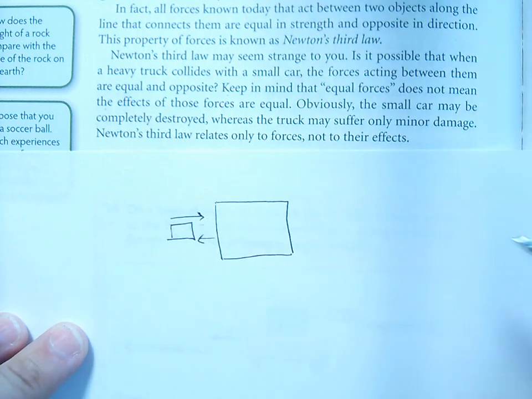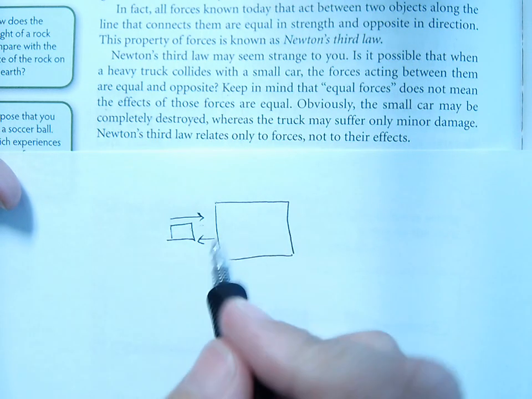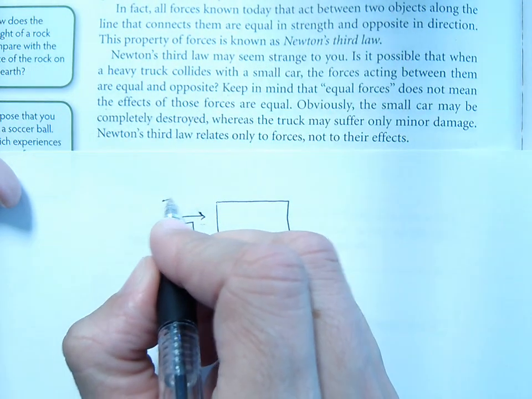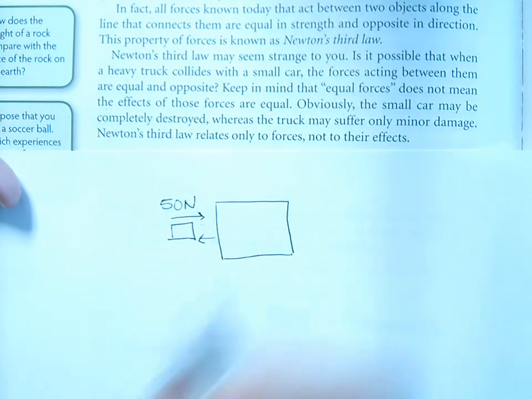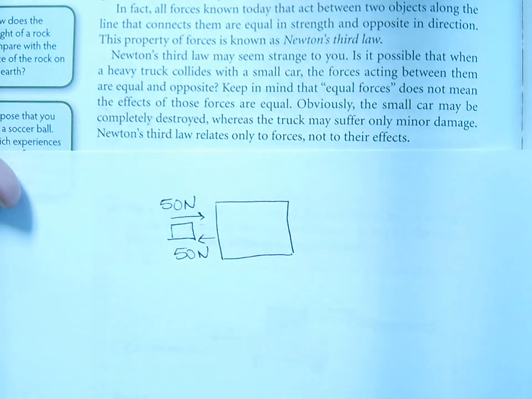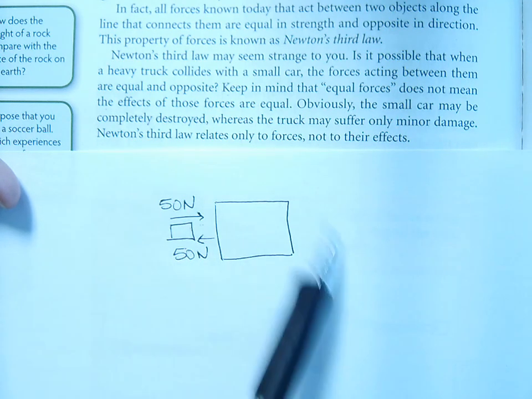The forces don't act over a distance like this, so it's when they come in contact. If this little car is driving in this direction and this big car is driving in this direction, the moment that they come in contact, remember, Newton's third law is about contact forces. Let's say the little car applies 50 newtons of force to the large car. The large car applies 50 newtons of force back to the small car.